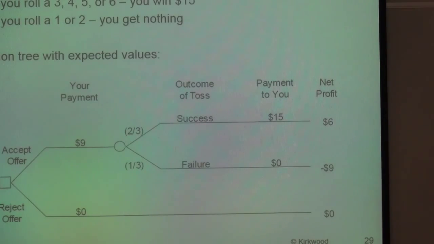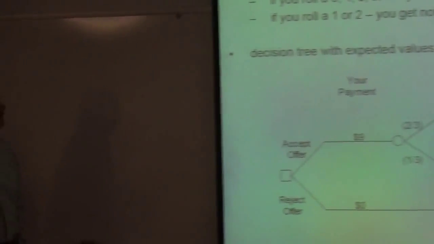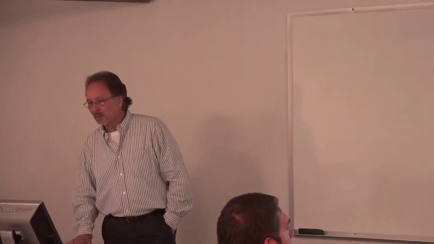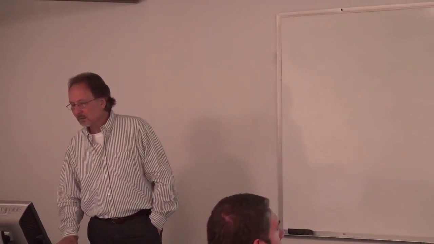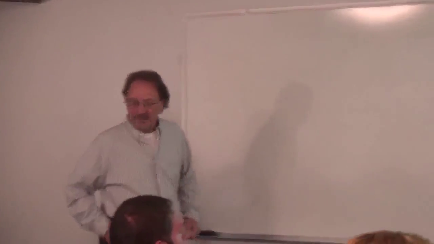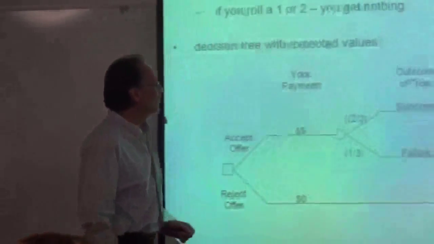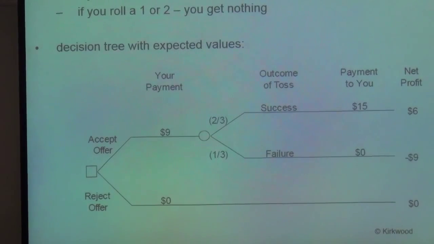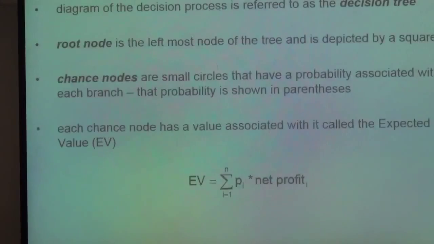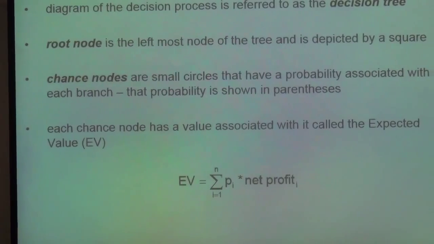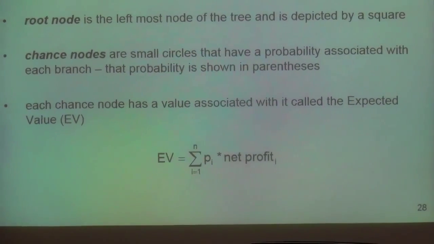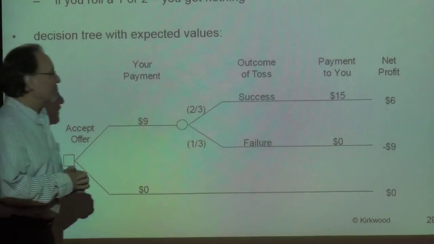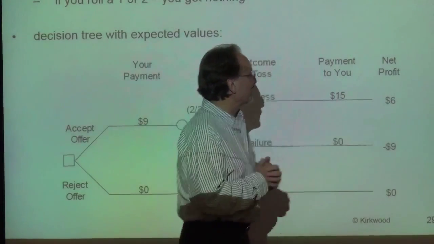So the expected value then is 2/3 times the net profit. It's the probability associated with the net profit. So 2/3 times 6 is 12 over 3, so the expected value is 4.